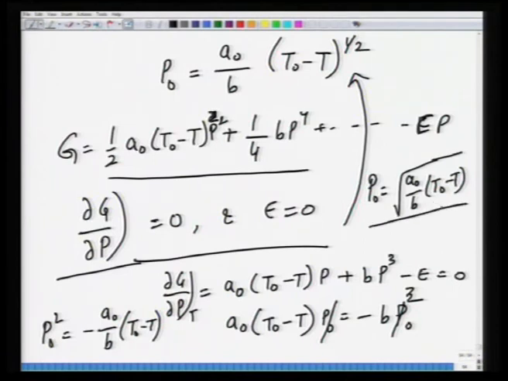here also you should have a half. So, what you will have is, since T is less than T naught, this is a perfectly fine equation.